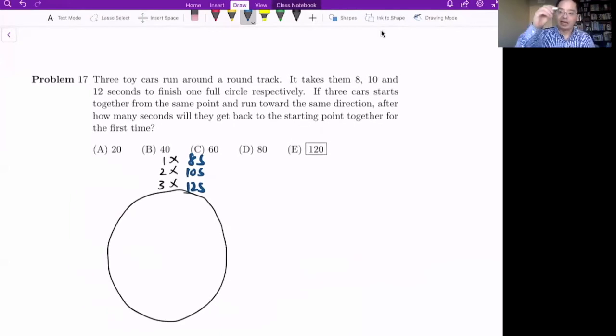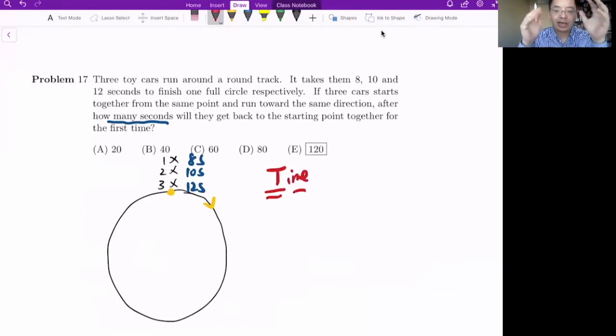Of course, they just keep running along this round track. The question is, after how many seconds will they first simultaneously get back to the starting point? Let's say this is their common starting point, and they all go in this direction. After time t, look at car 1.